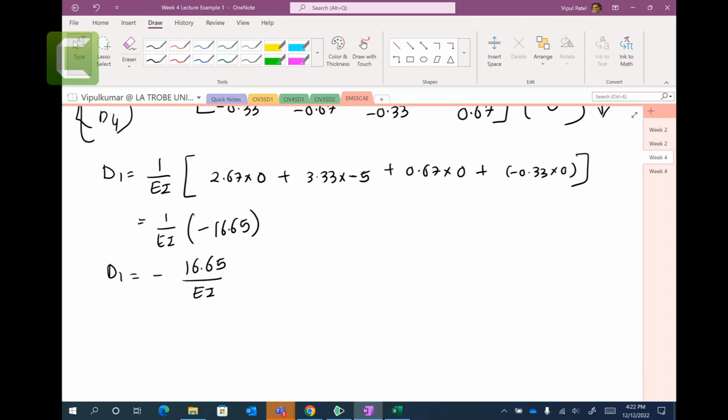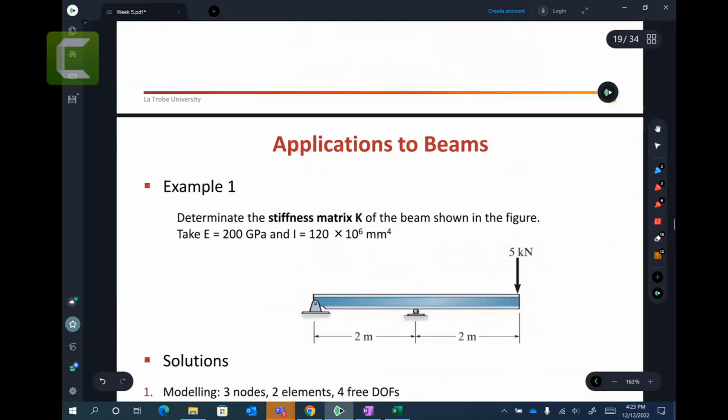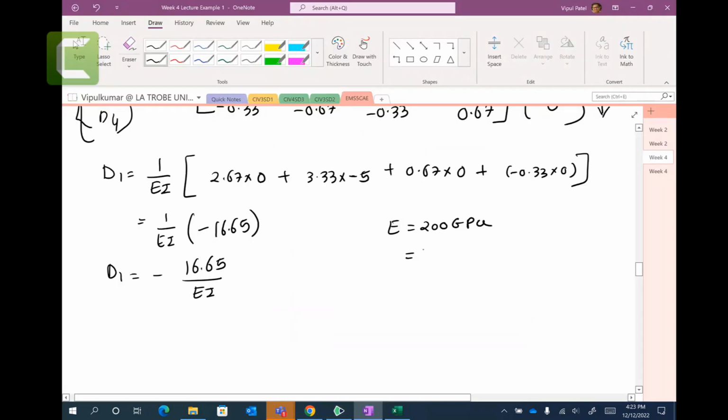I think they have given the EI value, so let's put it as well. In the example, E equals 200 gigapascals, and I is 120 times 10 to the power 6 millimeter to the power 4.